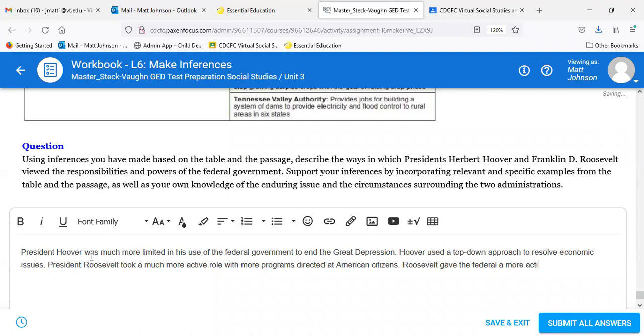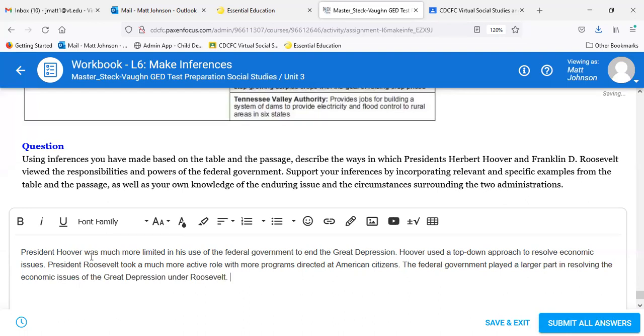The federal government played a larger part in resolving the economic issues of the Great Depression under Roosevelt. There we go.